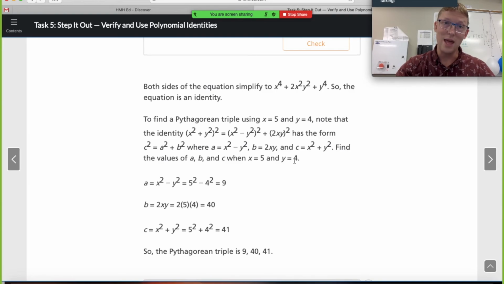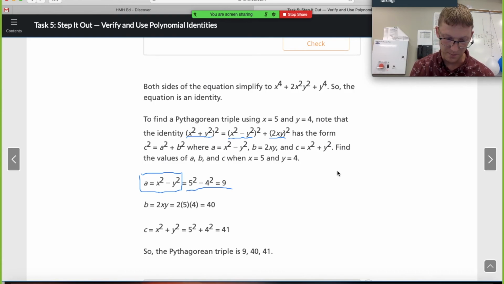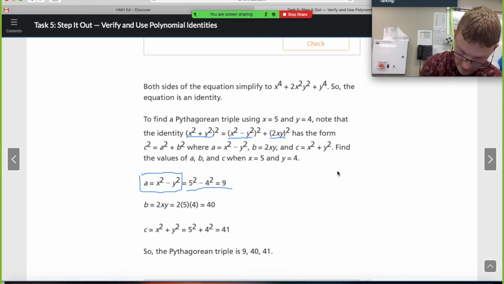So find the values of a, b, and c when x equals 5 and y equals 4. So I already mentioned c squared, a squared, b squared. So we could then say the equation, this guy right here, a is equal to x squared minus y squared. Plug in the values, you get 9. So same thing for b. b is 2xy.